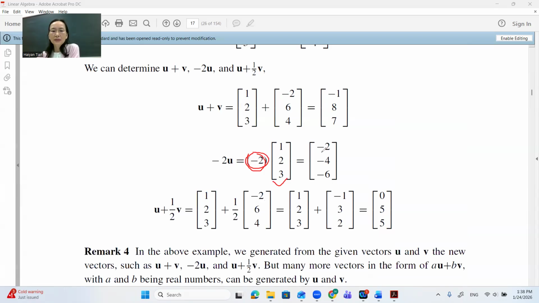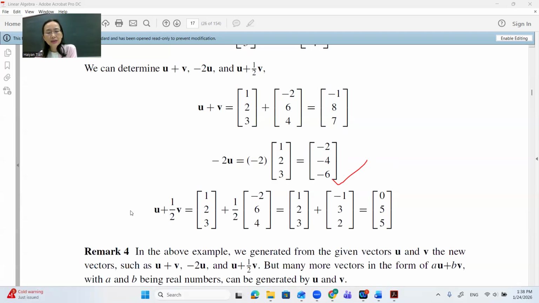So 1 times -2, 2 times -2, 3 times -2, and we get -2u. So after this operation, scalar multiple, we get this vector. You see, each operation results in a vector.